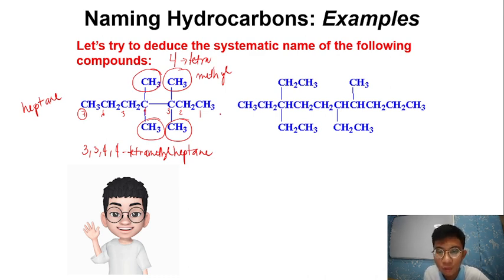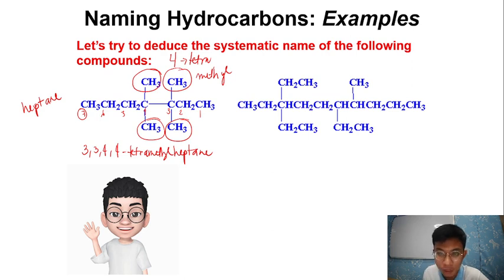Okay, how about this one? So, medyo obvious naman yung structure nito. So, ito yung pinakamahaba, ito nasa gitna. So, ngayon, tanungin nyo ulit, nasaan yung end, kung saan pag doon kayo nagsimula, ay makikita nyo yung first substituent.